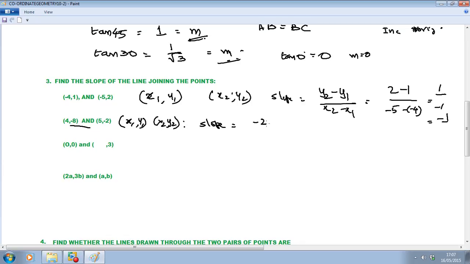So it's minus of minus 8 divided by x2, x2 is 5 minus 4, which is equal to minus 2 minus this will become plus. So it becomes just 6. Slope is 6.